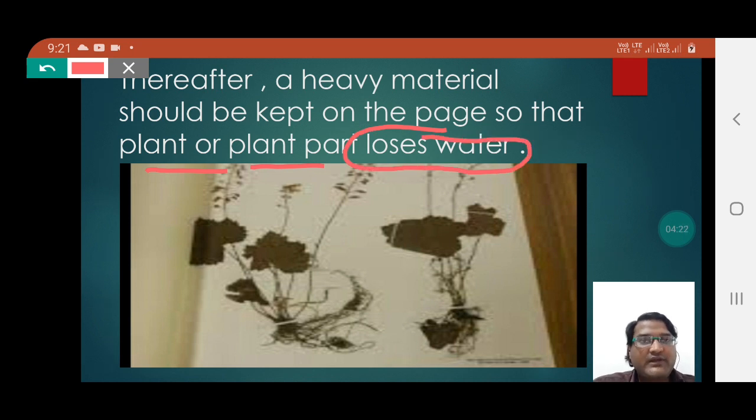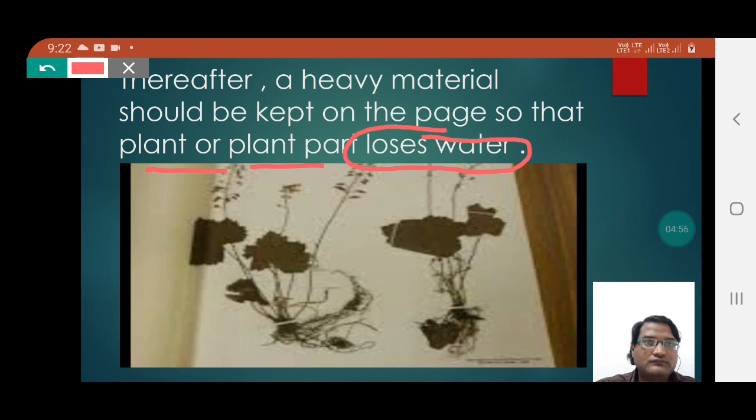So students, for making herbarium, it is quite important that when we stick the plant and the plant part on the page, then the plant and the plant part which has been sticked on the page must lose water, and it will lose water only when a heavy material will be kept on it.